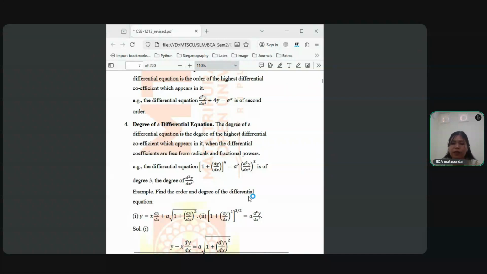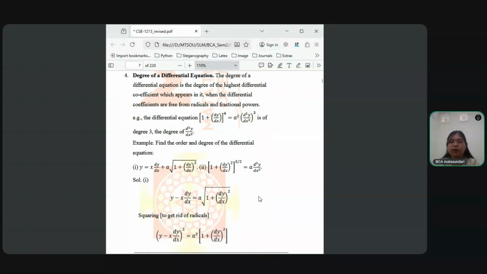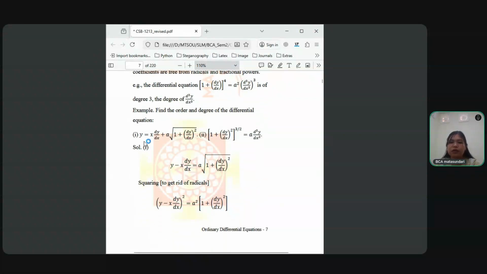Let's see an example now. For better understanding, find the order and degree of the differential equations. Here there are given examples 1 and 2, then the solution. For the first example, y = x dy/dx + a√(1 + (dy/dx)²).